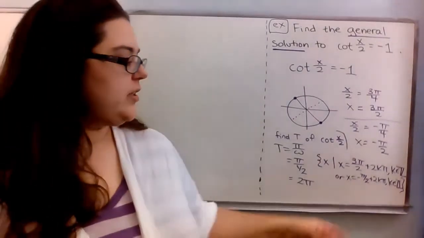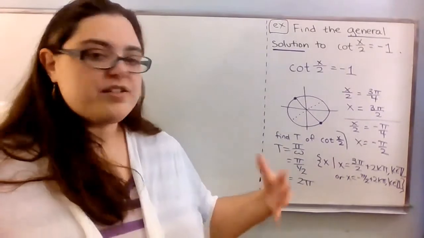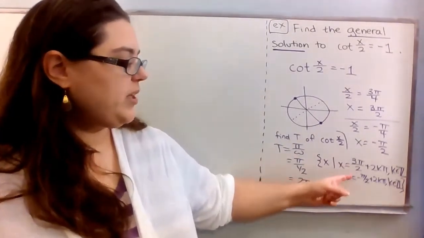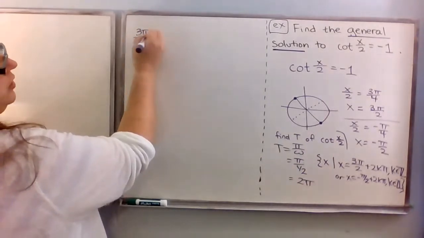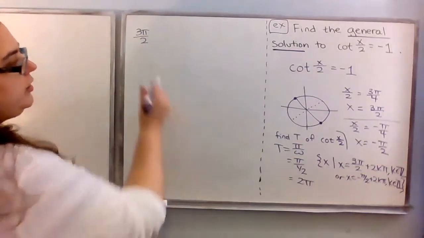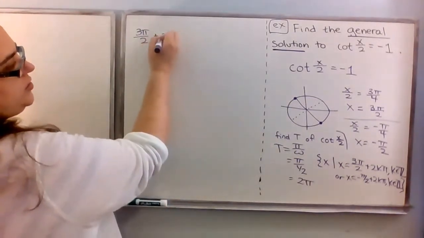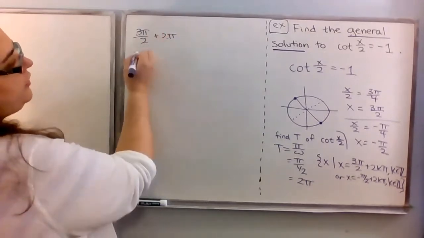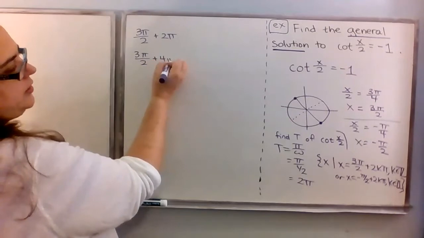So if I wanted to think about the kinds of values that I'm getting, from here, if I have 3 pi over 2 plus 2k pi, well, if k is 1, then I could add 2 pi. If k is 2, then I would add 4 pi.